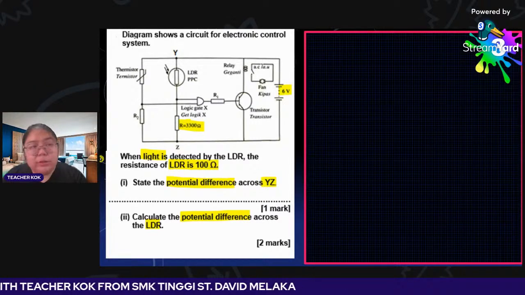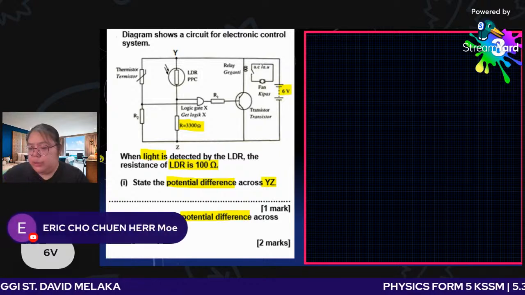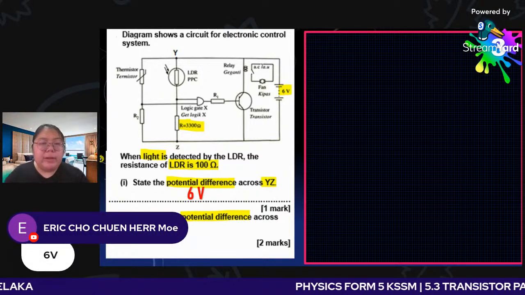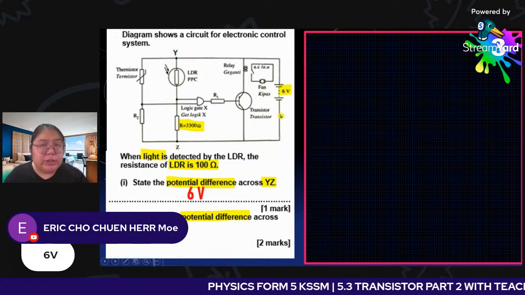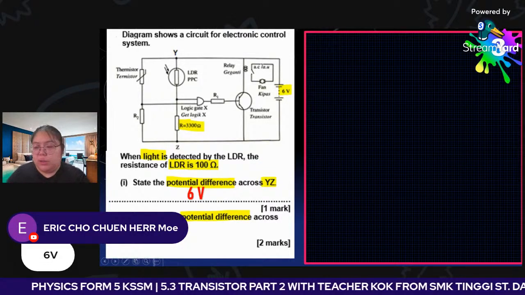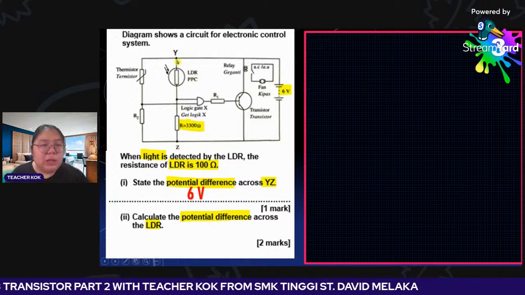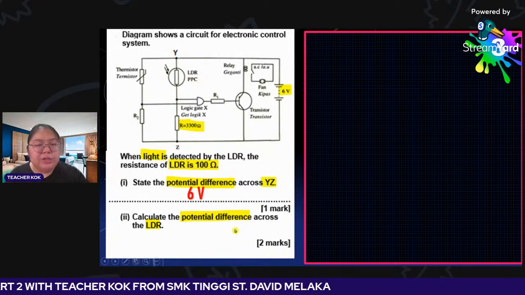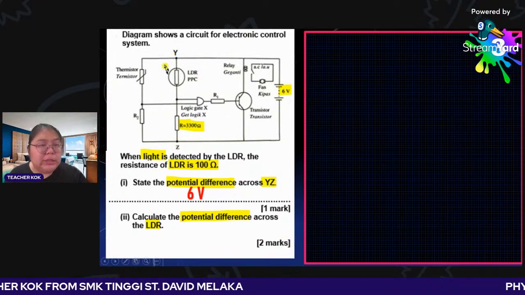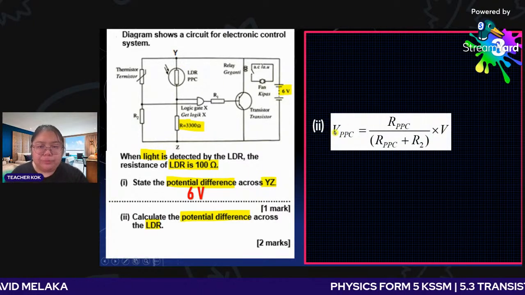Esther also did not reply. Okay, 6 volt. Eric Chu says 6 volt. So correct, because we just follow the original. The rest, number 2. Have you done the calculation or not? Number 2, they want to ask about V1, the potential difference across the LDR.